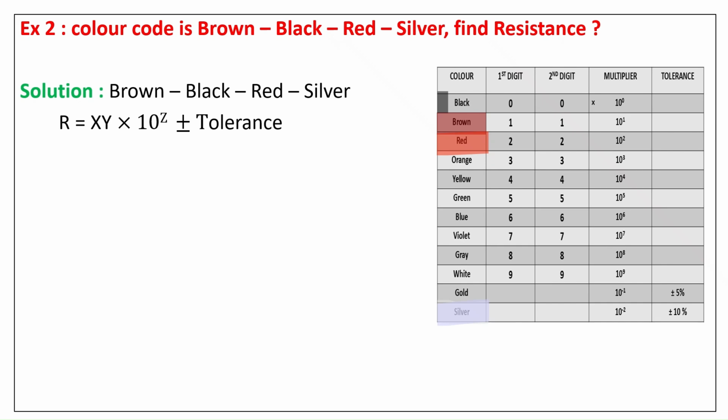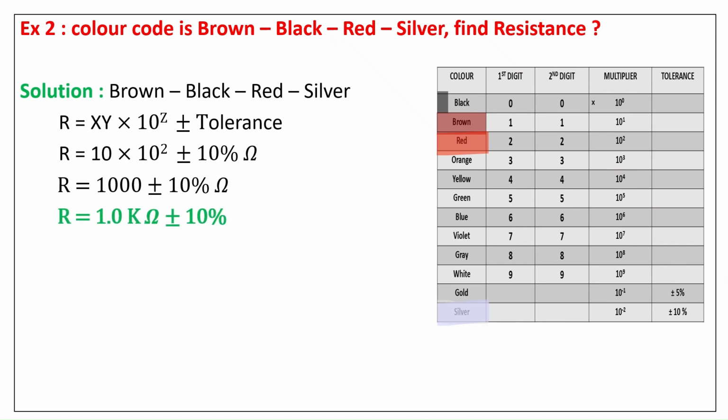So, R is equal to 10 into 10 to the power 2 plus or minus 10%. So we can also write R is equal to 1000 plus or minus 10% ohm, or R is equal to 1 kilo ohm with plus or minus 10% tolerance.